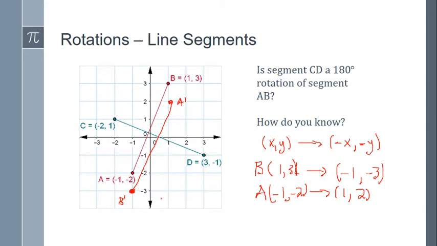They end up being parallel. And you would notice that too if we went ahead and mapped CD the same way and did a 180-degree rotation on it, we'd get a point here and here, and then we'd see that it was parallel to line CD.